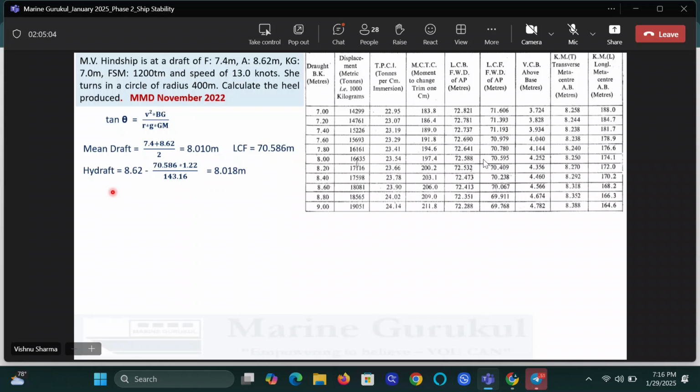Please check. Right, guys? Samir Babu, what is the height draft?